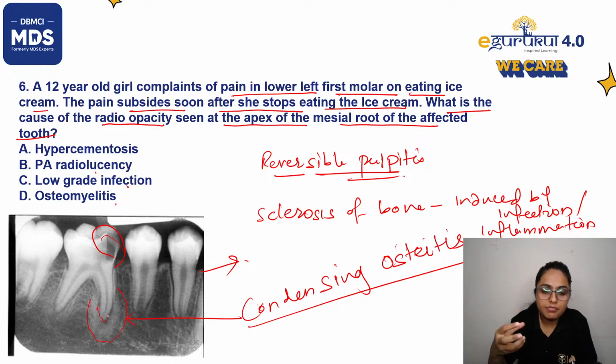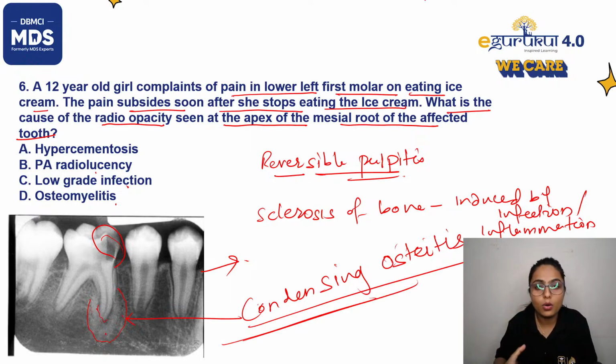The irritants from the infection will stimulate bone proliferation, leading to excessive bone deposition surrounding the radiolucency. This is called condensing osteitis, and it is usually associated with a non-vital tooth, or non-vital pulp.